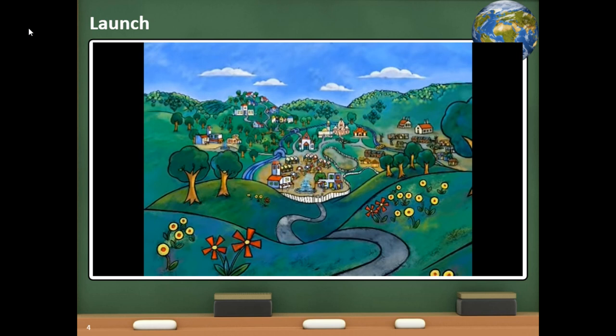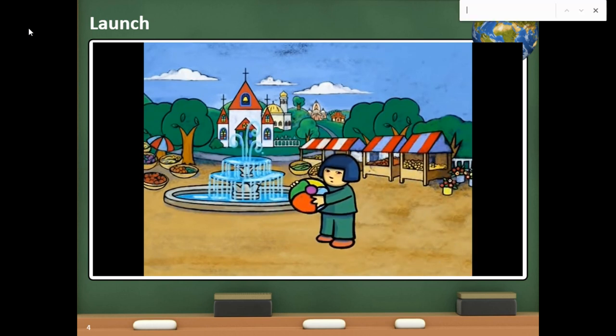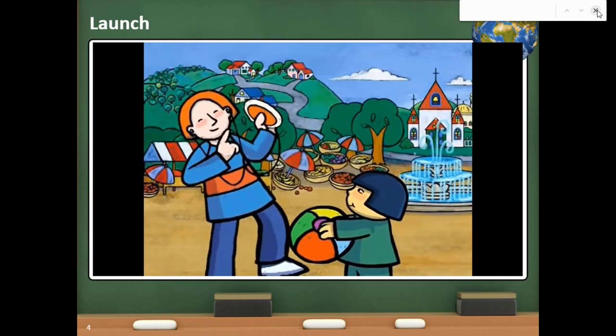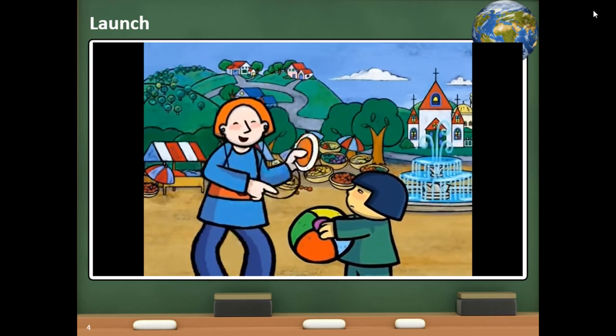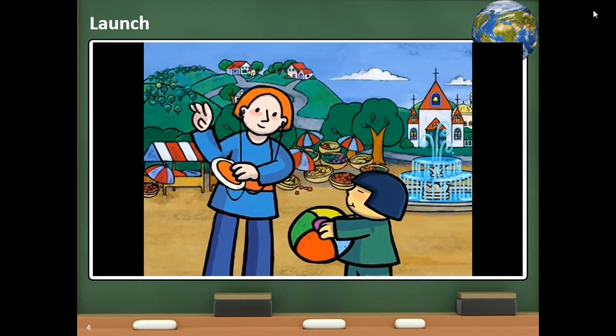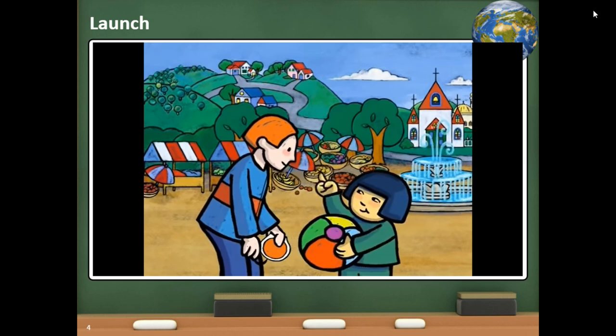If the whole world were a village of 100 people, more than half would speak one of 8 languages. How do you say hello, Wayne? Ni hao ma. 22 people speak a Chinese dialect, like Wei. Ni hao. 9 people in our village speak English, like Jason.